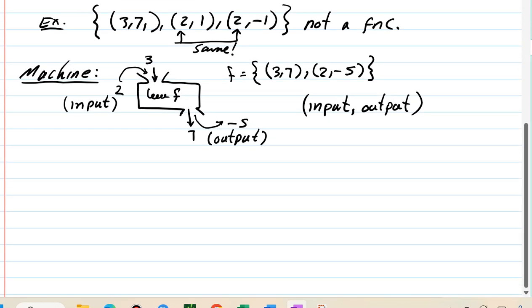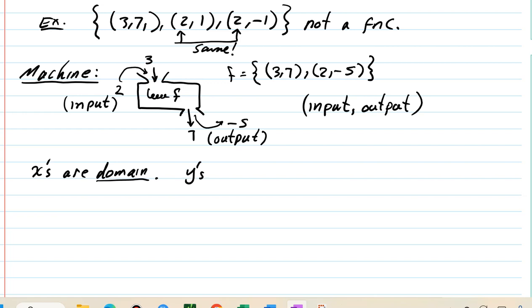Now, every function has a domain and range. So let's agree the set of the x components, the x's, are the domain of the function, and the y's are the range of the function. So let's agree on that. So for instance, in the example I have above, my domain is going to be made up of 3 and 2. You can put them from low to high, high to low.